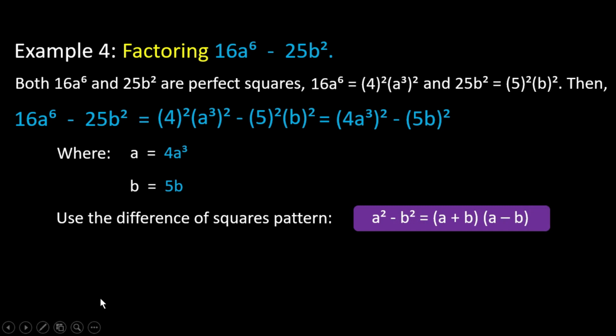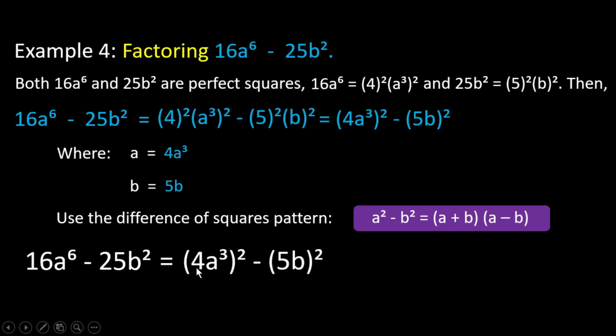So, therefore, 16a to the 6 minus 25b squared can be rewritten as 4a cubed squared minus 5b squared. Okay? So, ito yung a, ito yung b. So, it follows or substitute to the pattern is equals to 4a cubed plus 5b.